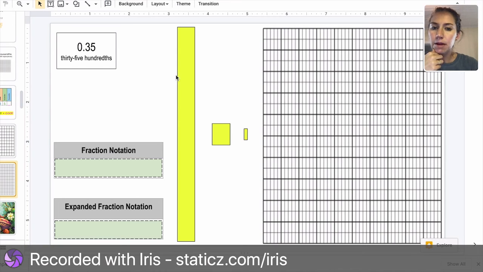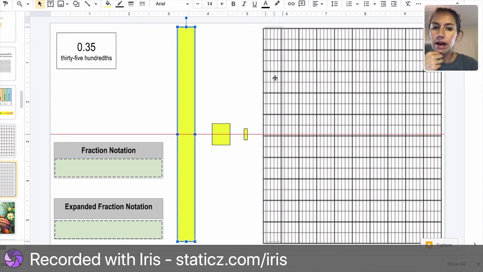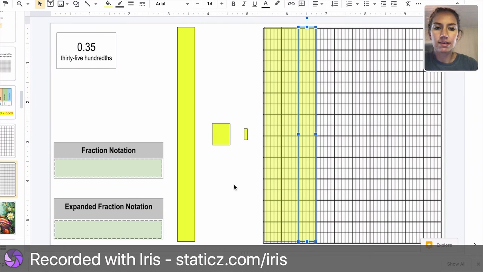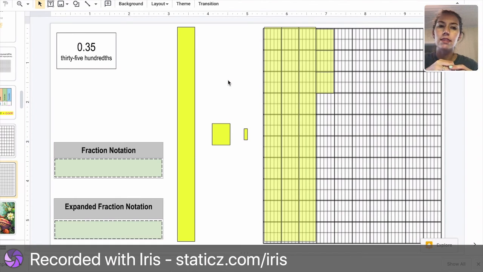You might also see a problem with some thousandths. So it's the same number, 35 hundredths, but now I'm looking at a grid of 1,000. So I'm going to make my number just like I did before. And if you want, you can just copy and paste it from the previous slide. And then I'm going to go boop, boop, boop. And I have to think about, okay, how many thousandths is this?